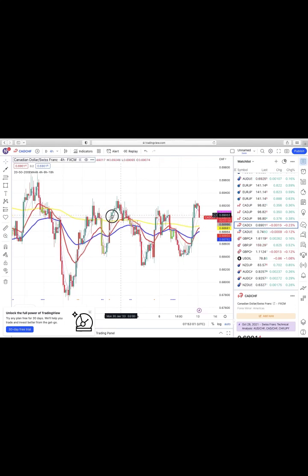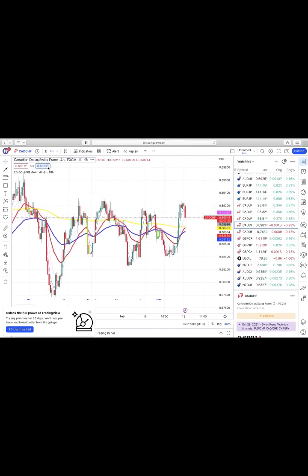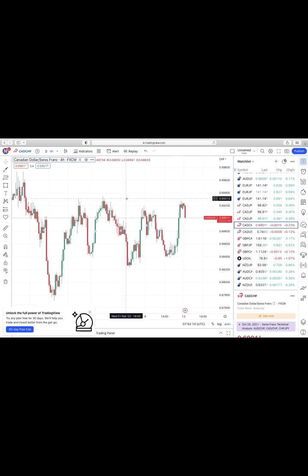So now what we want to look at is the market indicators. Mostly in the market indicators I always use EMA, the exponential moving average. Mostly I use the exponential moving average to confirm whether I'm going to sell or buy in that given market.